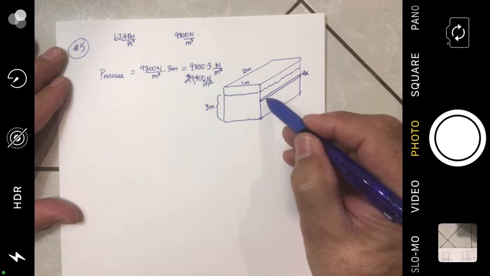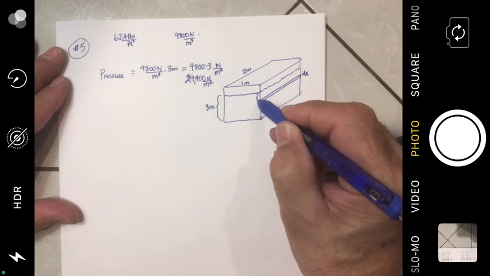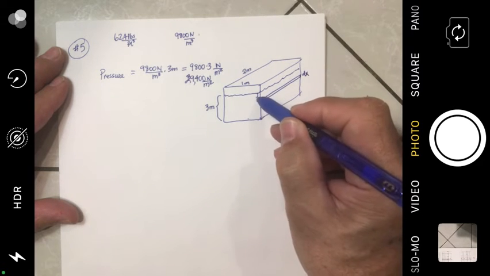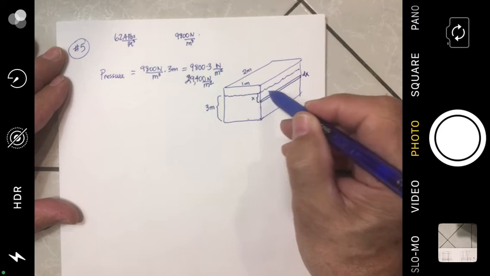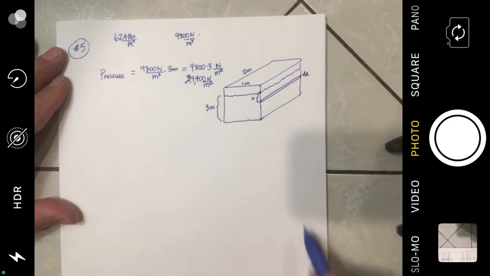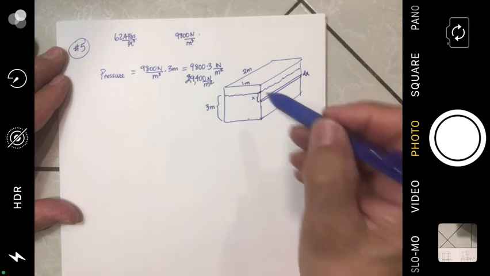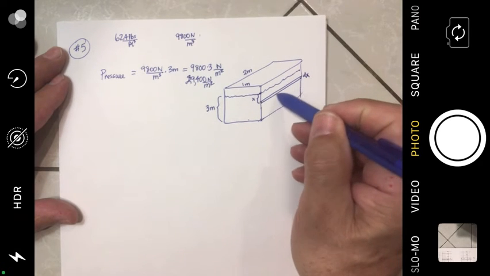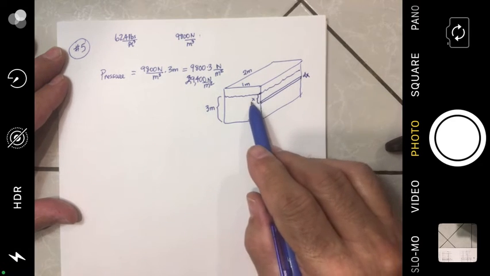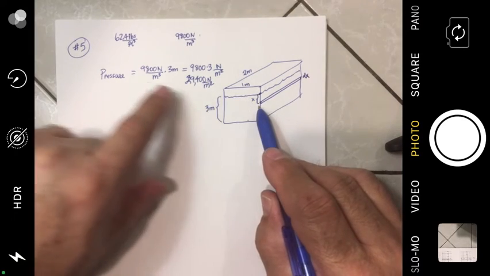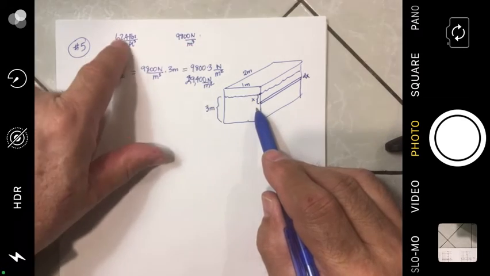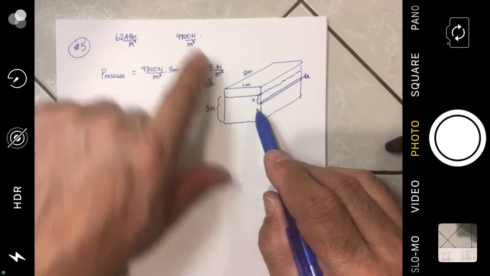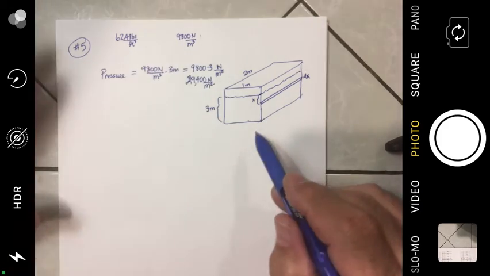And the pressure on there is dependent on the depth. So all I need to know is how far down that is in the water. So I'll put the origin there. And so the pressure on this strip will be x times the correct weight density. And this is in meters, so it would be times this one.